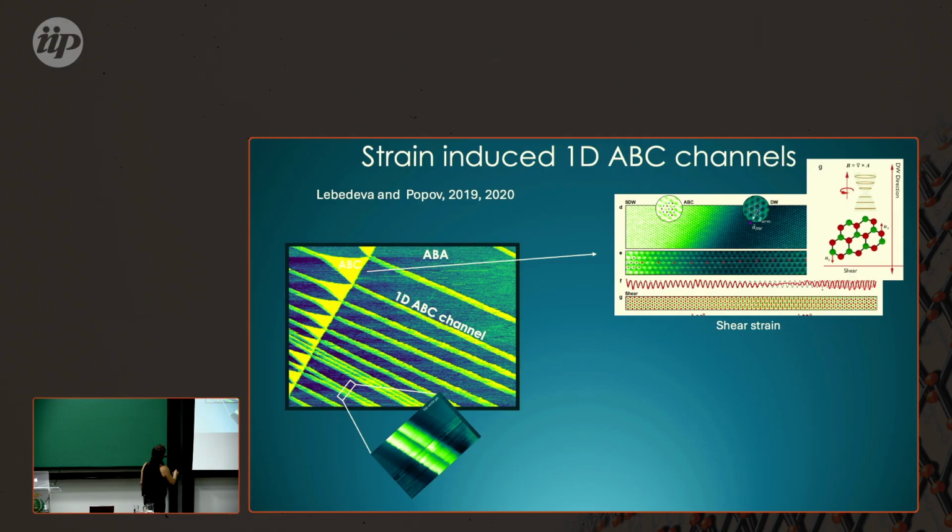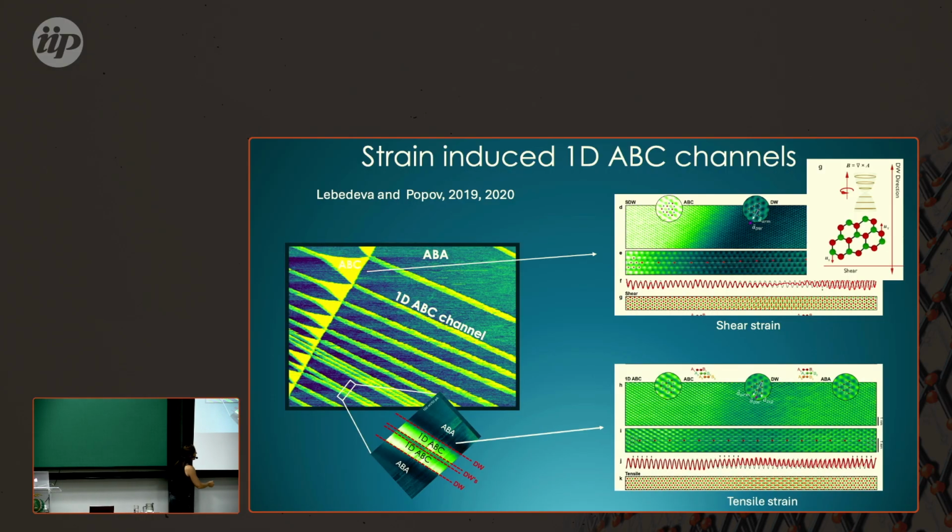Then we will look at this structure that we have here. Here we have 2 one-dimensional channels. The structure is the following: we have two one-dimensional ABC structures that are encapsulated between these domain walls, and the outer regions are the ABA region.